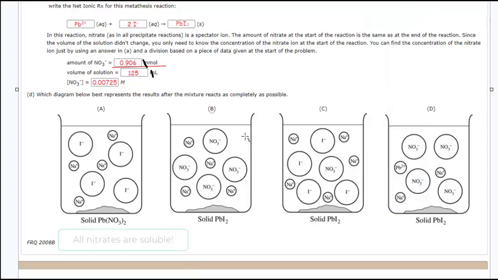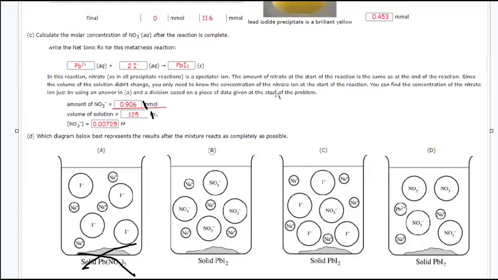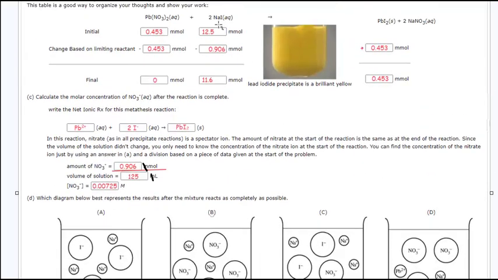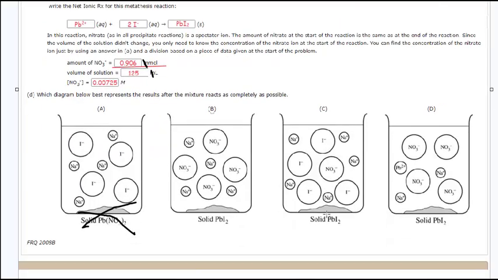That's going to be wrong because we have to have solid lead iodide as our precipitate. Now in our reaction, we had leftover sodium iodide. All the lead was used up because it was the limiting reactant.